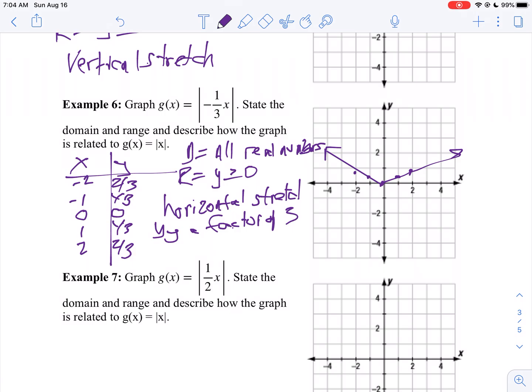So anytime you're inside the absolute value and you're multiplying, you're going to do a horizontal stretch or compression. Here's how this is going to work.